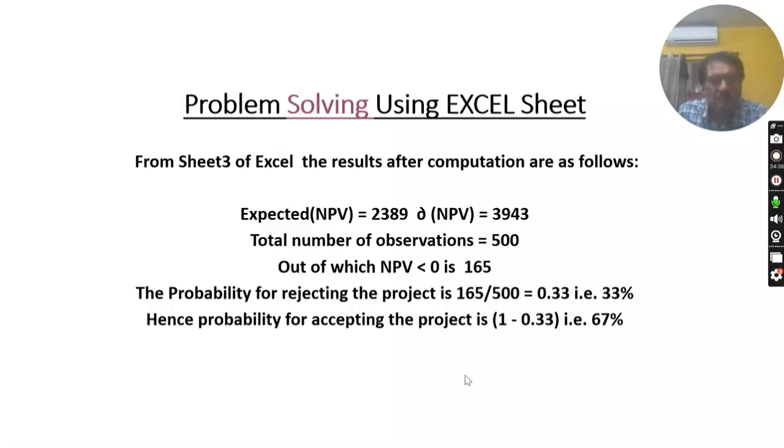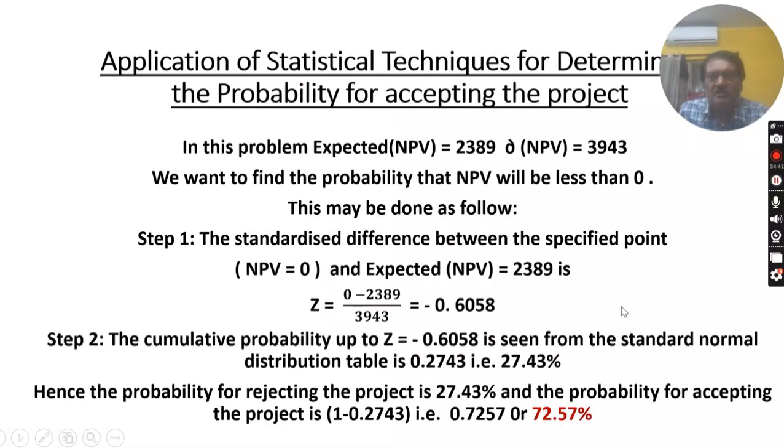Now, finally, we'll use the statistical technique, application of statistical technique, for determining the probability for accepting the project. So we have already calculated expected NPV, net present value is this, standard deviation this. We want to find out the probability that NPV will be less than 0. That means rejection.